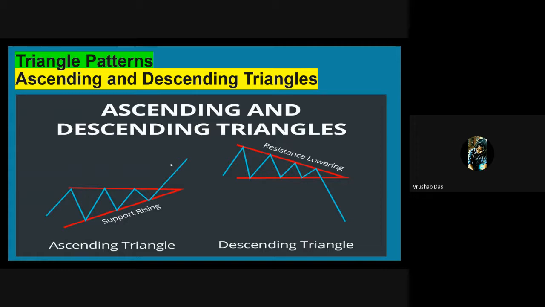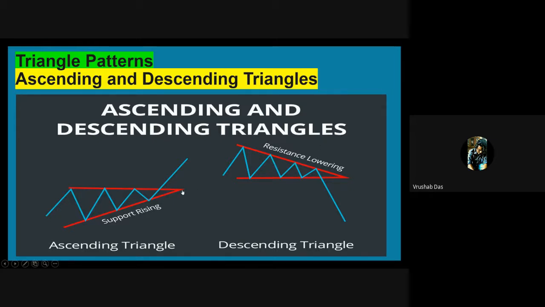The first two triangles are the ascending and descending triangles. Ascending and descending triangles are right-angle triangles, with a line extending along two or more lows.